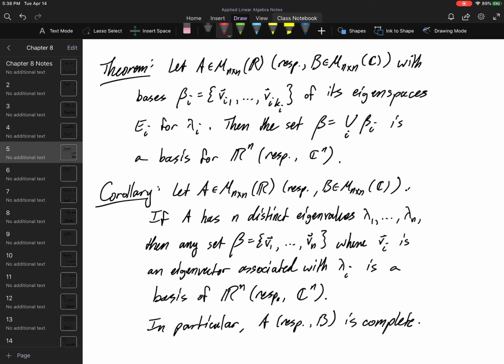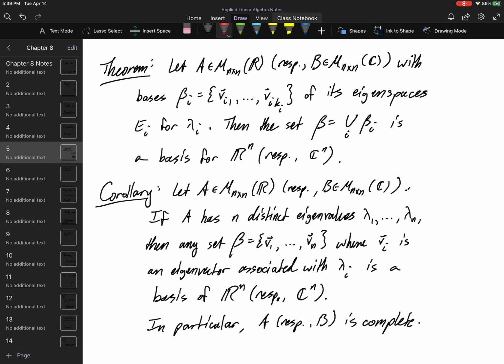And to each one of those vector spaces, I can assign a basis. And that's exactly what these guys are. These beta sub i's are just eigenvector bases for each of these eigenspaces. Then the set beta, which is the union of these guys, is going to be a basis for R^n.